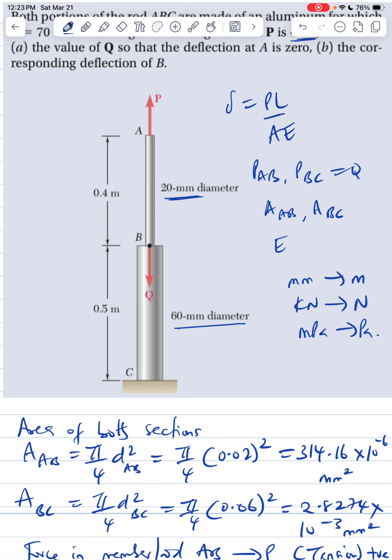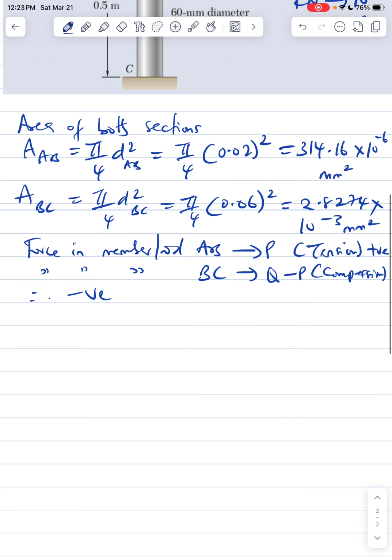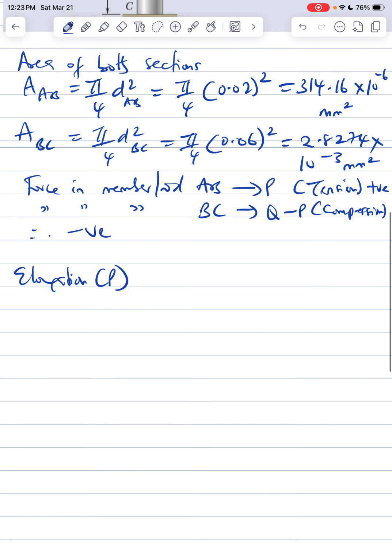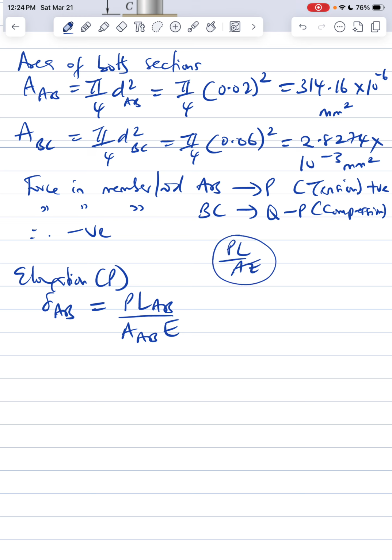That's elongation, for P. Now the deflection of AB will be P L, where L is the length of AB, all over the area of AB times its Young's modulus.